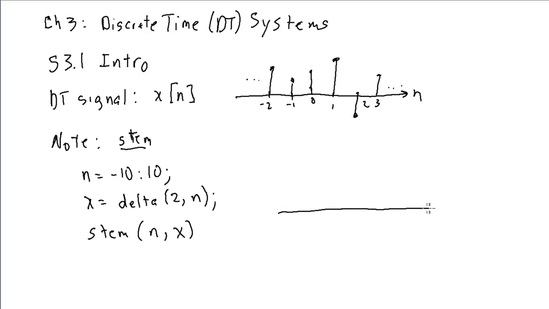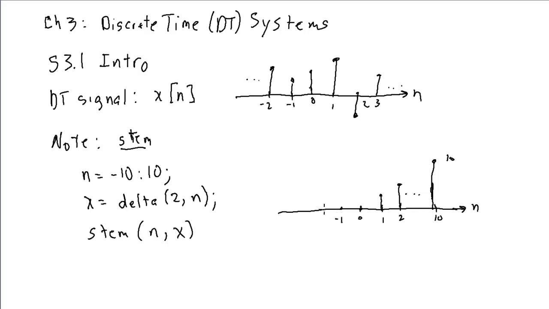The plot Octave would then produce, in this case, since it is a ramp, it's 0 at 0. It would have the value 1 at 1 and 2 at 2, going up to the value 10 at n equal to 10. So this is my discrete time axis.